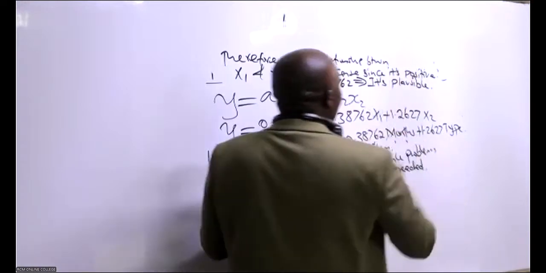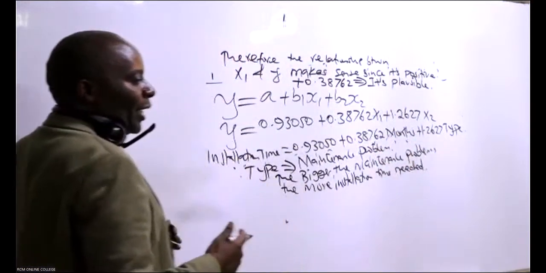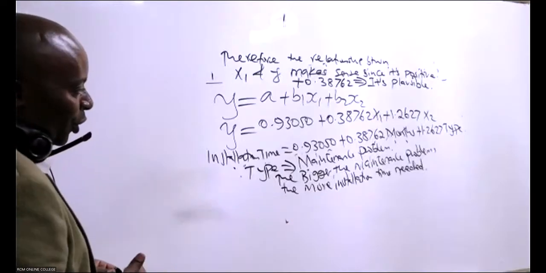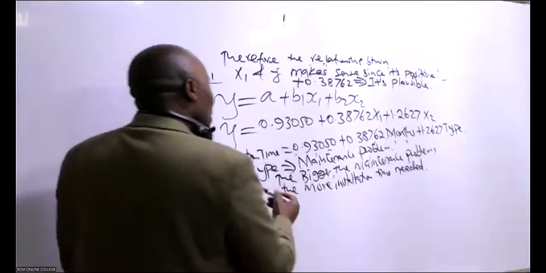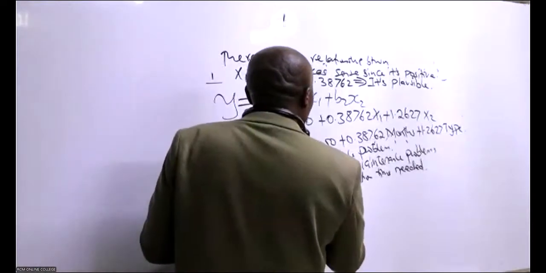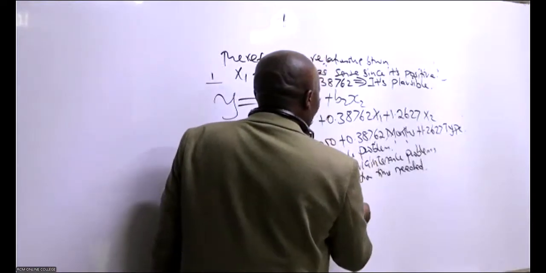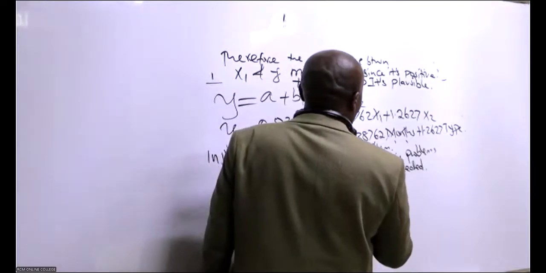So you can see more and more, meaning a positive relationship, or a direct relationship. So in short, we expect a positive gradient.